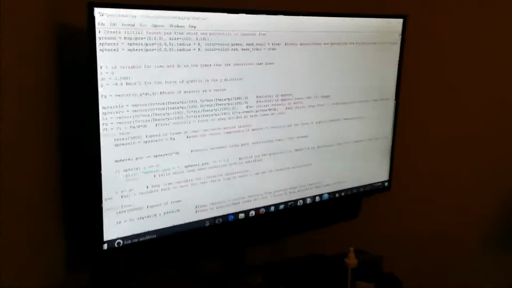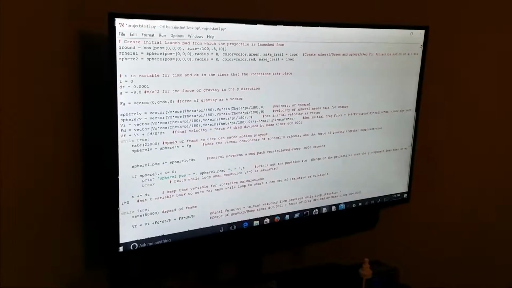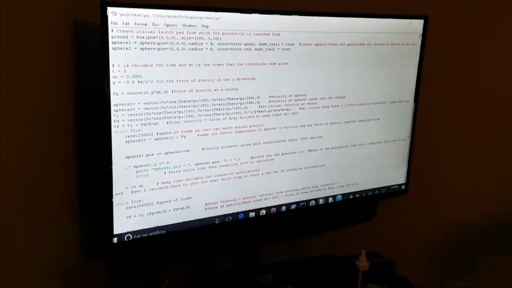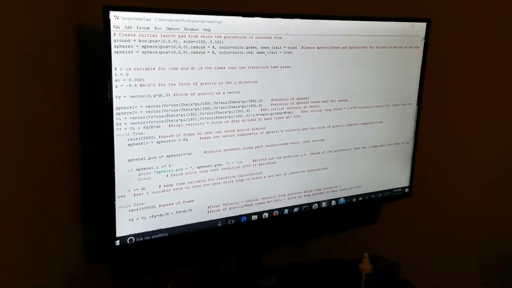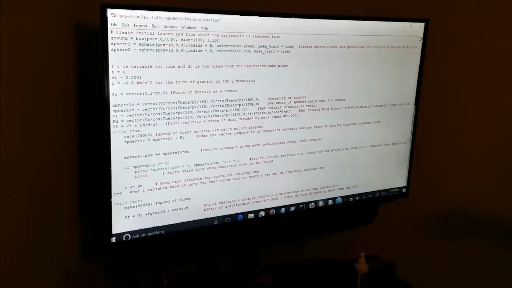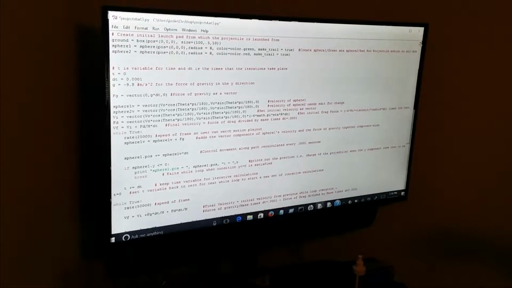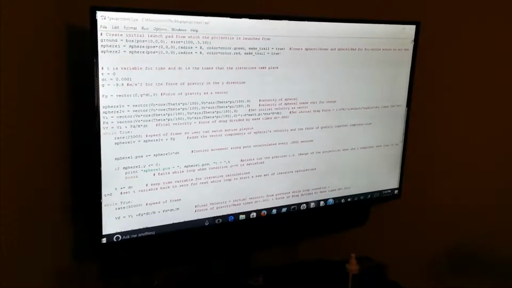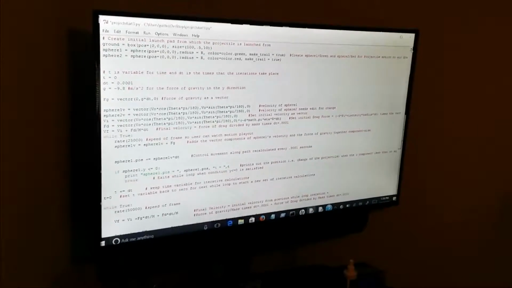Then we check if sphere 1's y is less than or equal to 0. If that's true, the while loop is broken out of, and we move on to the next one. We set t equals 0 before we start our next while loop for the red ball with air drag.